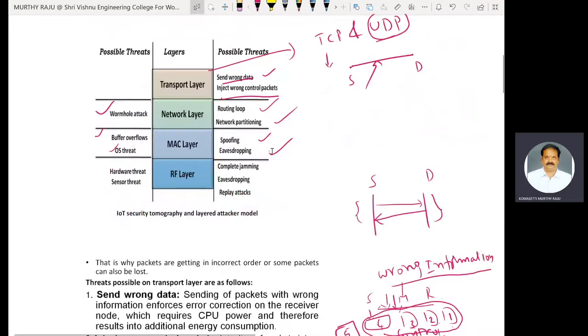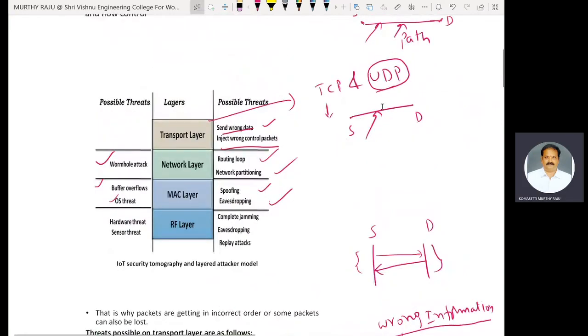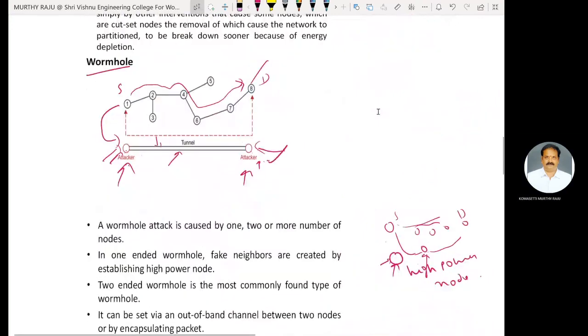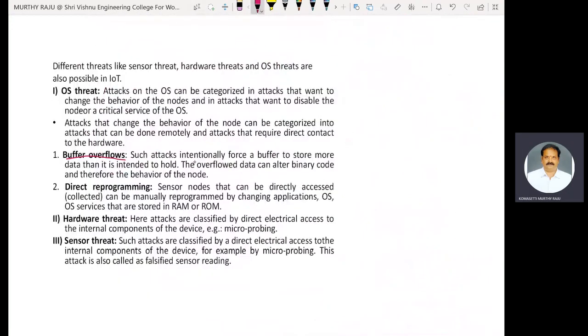Next, buffer overflow. Such attacks intentionally force a buffer to store more data than it is intended to hold.